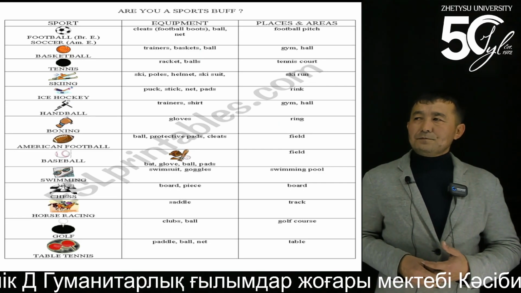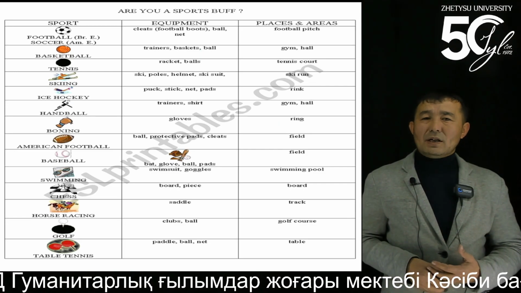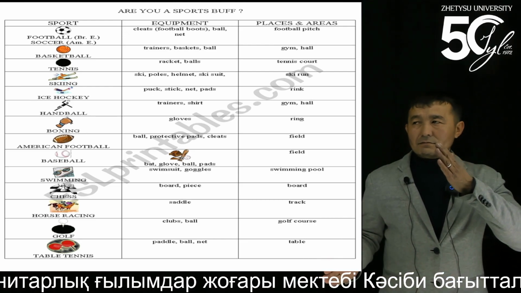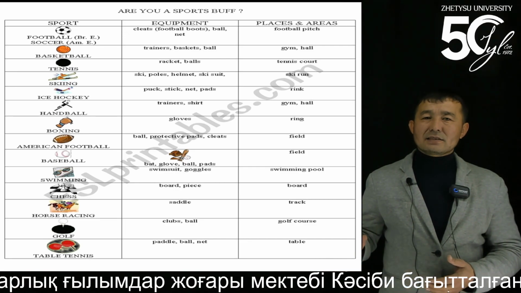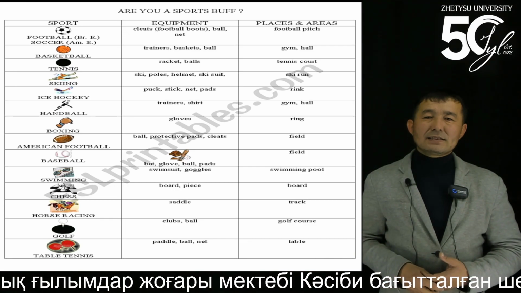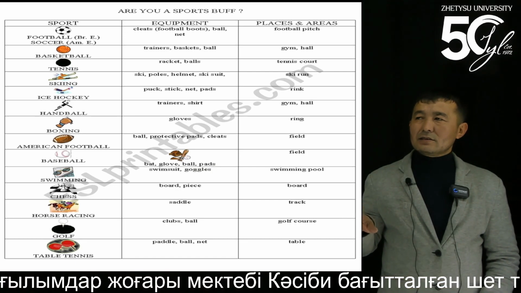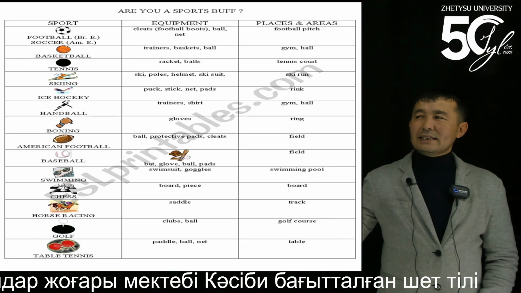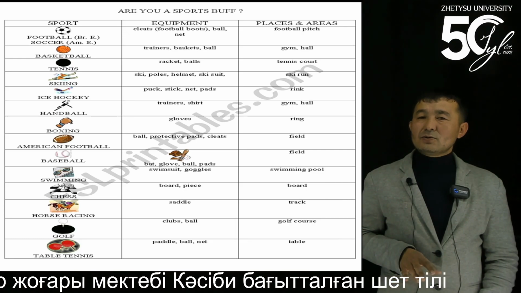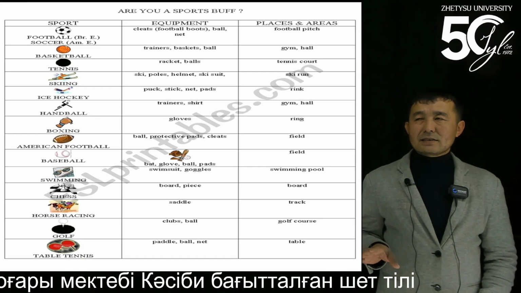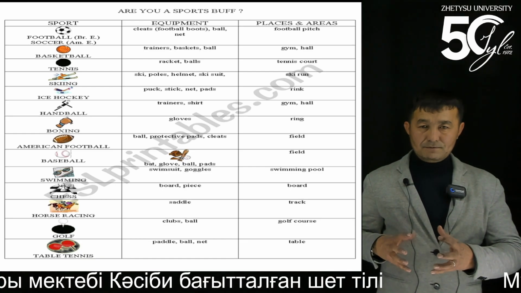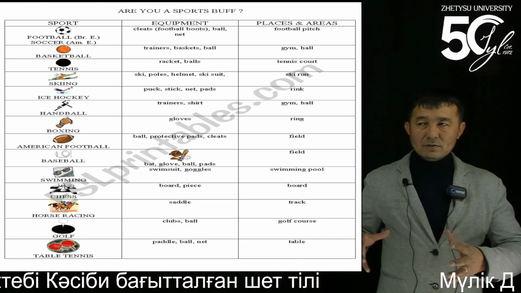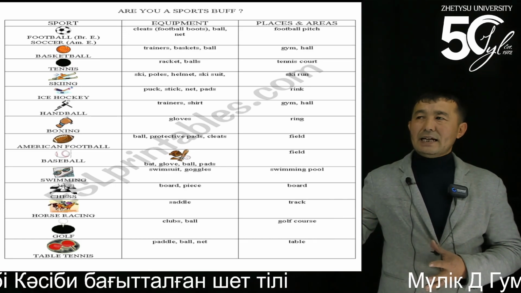Next, here, are you a sports buff? Here you know the types of sports, the equipment of this sport, and the place of this sport. Here you see 3 columns. For example, the first one is football, and by this game you know ball, kick, pitch, stadium, or net.